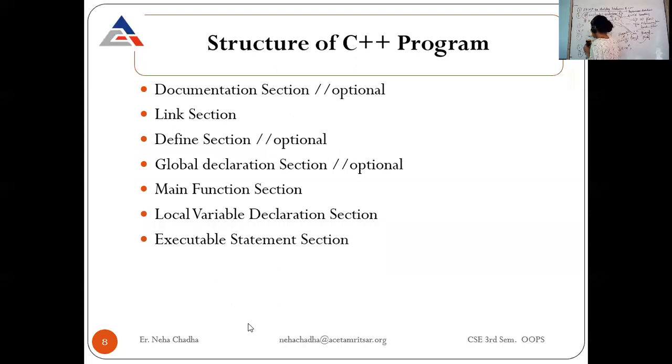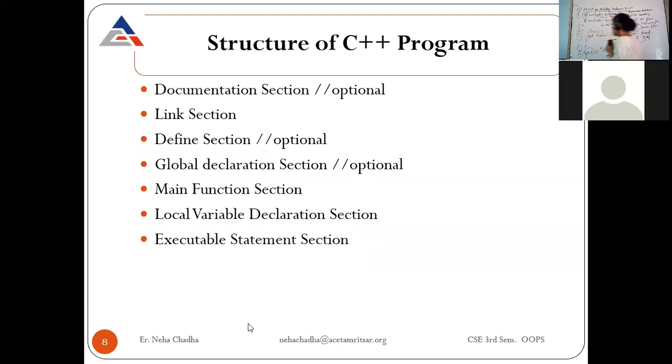Here I haven't used any function that will be related to conio.h, but I will add it here. This is not any section here. This is just an additional function that I will use. Clear screen, then empty parentheses, then I will use a semicolon here. Then after this statement, I will use getch. Here I have used two functions. One is called clear screen. This clear screen is used to clear previous output from your console or your output screen.